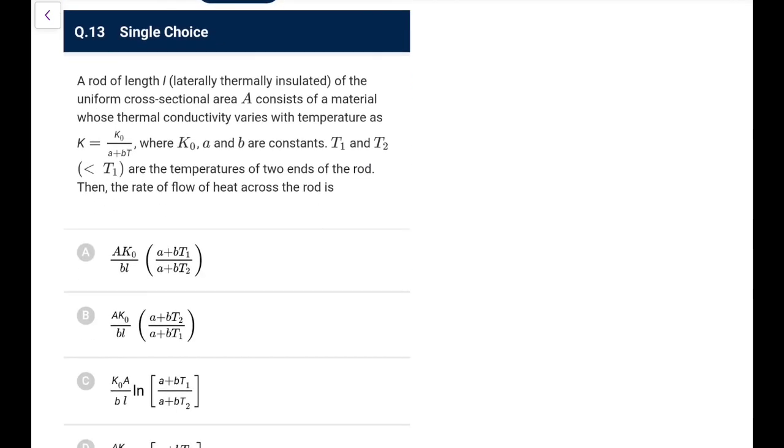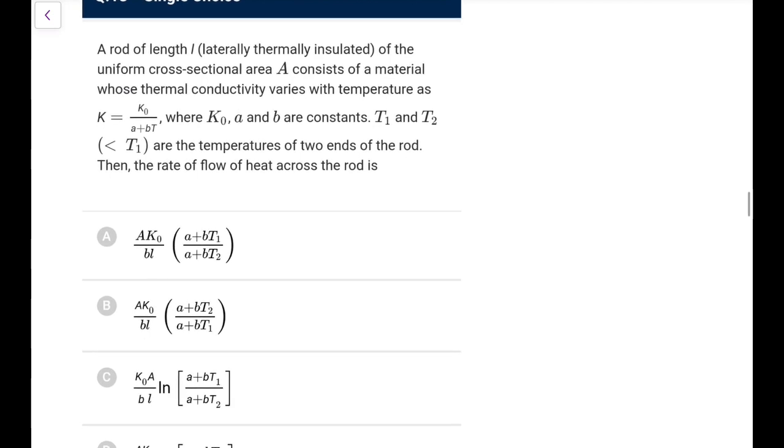Next one. A rod of length L of uniform cross-sectional area consists of material whose conductivity is again a function of temperature. I think this will also be a calculative one, where K0, A, B are constants, and T1, T2 are the temperatures of the two ends of the rod. Then the rate of heat flow across the rod is going to be, okay, T2 is less than T1.